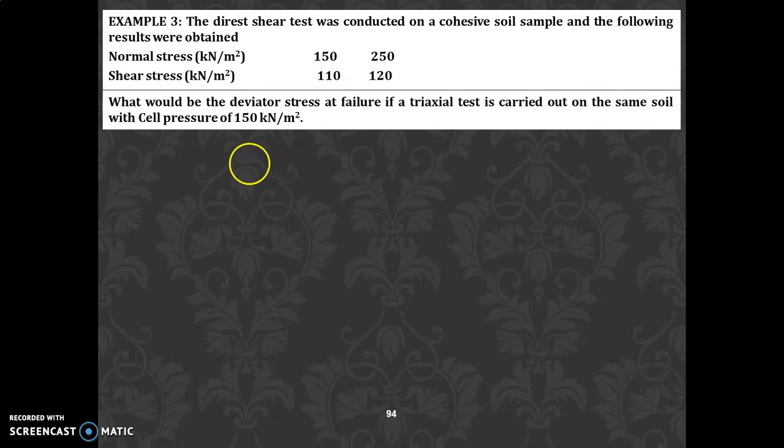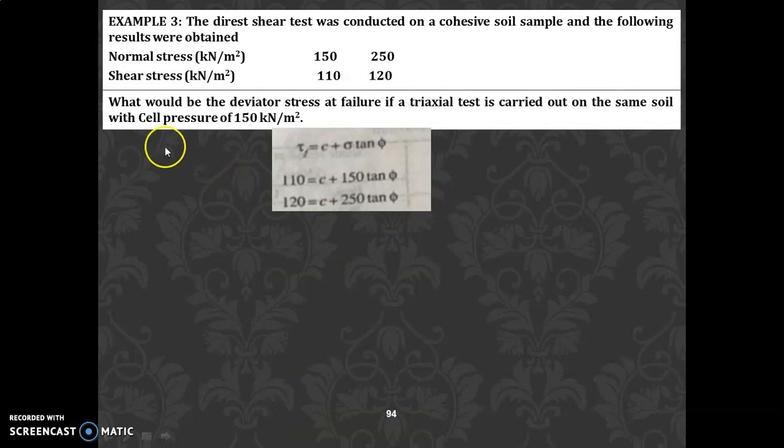How can we calculate sigma 1? We have the formula: sigma 1 is equal to sigma 3 tan square alpha plus 2c tan alpha. So let us first find what this C and phi is. How can you find C and phi?